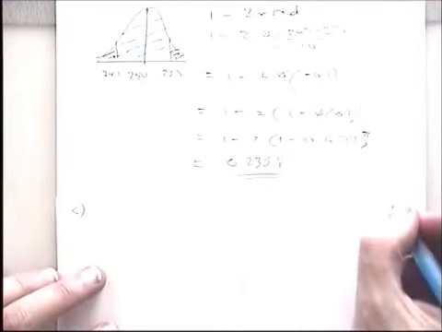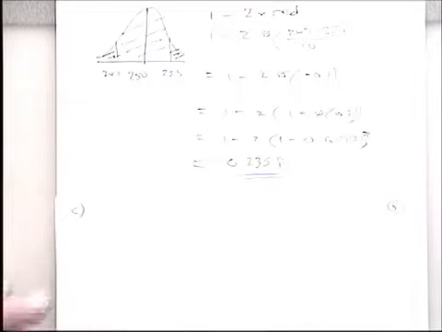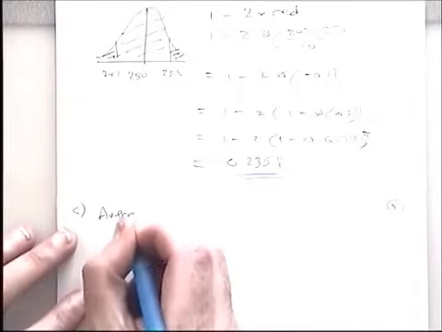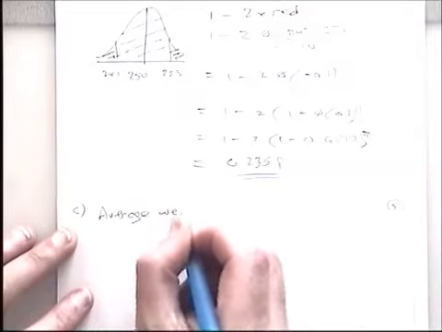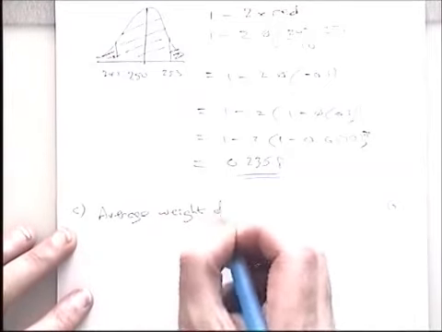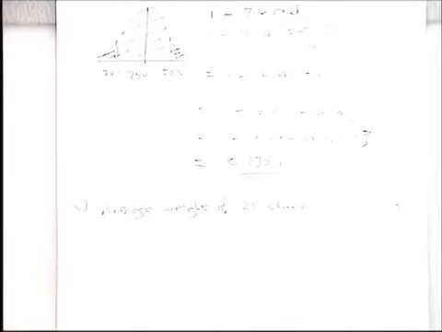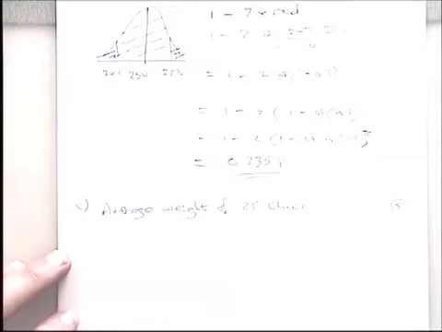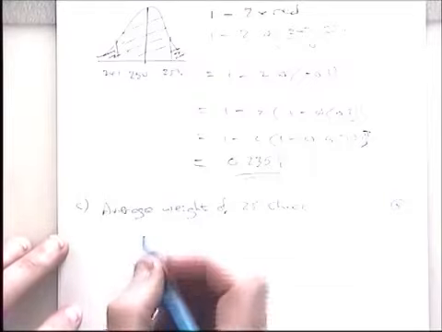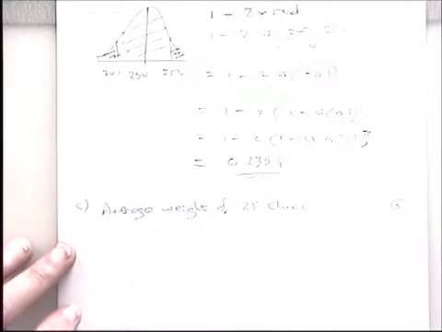Part C was asking about the average weight of the 25 chocolates that will go and make a box. So, in notation, what am I dealing with now?